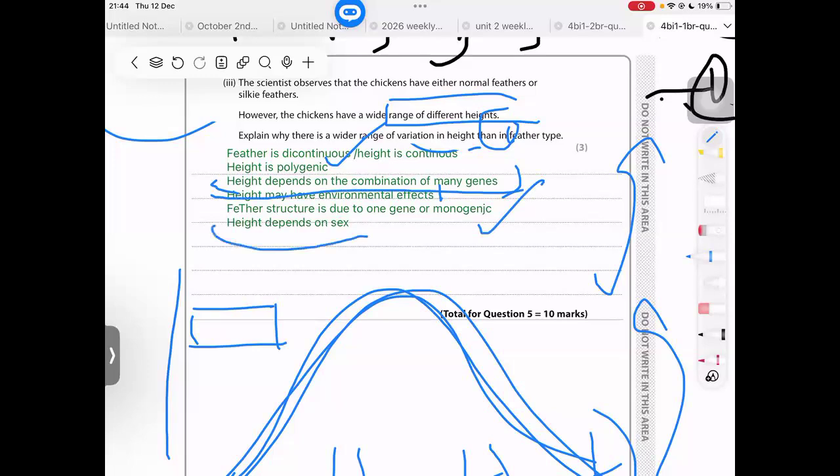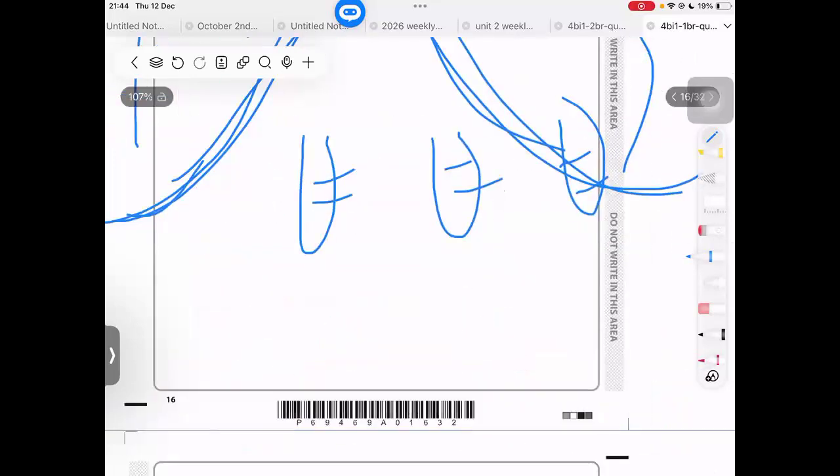And there is another thing that you can explain, that the height depends on sex as well. Usually males are taller than the females. But feather type doesn't depend on the sex like that. The genes of height can be on our sex chromosomes. X and Y are the sex chromosomes in a male.